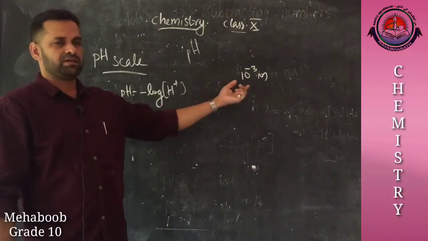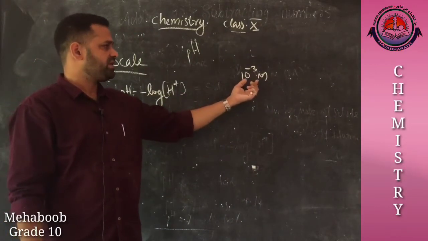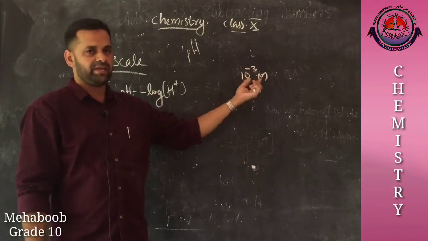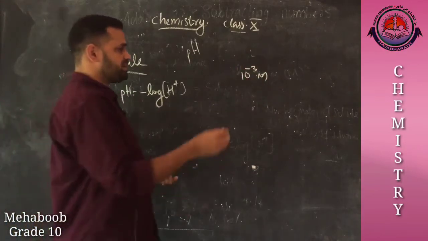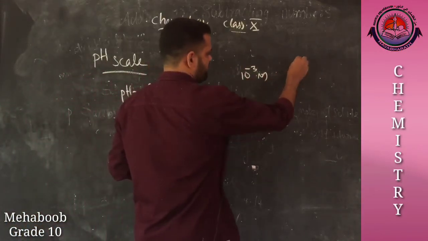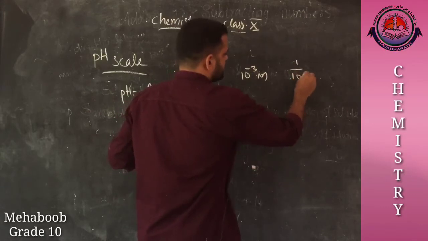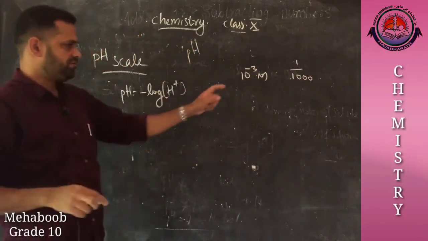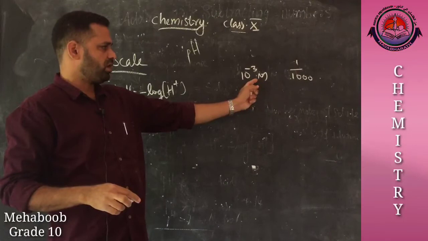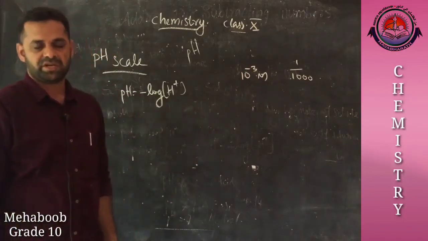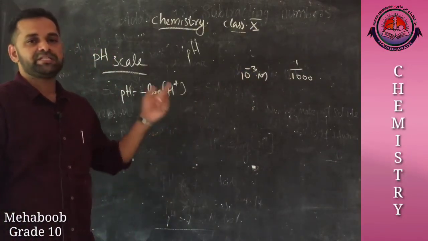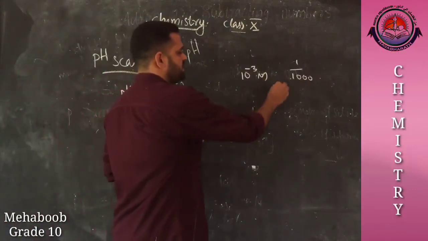What is 10 raised to minus 3? That is 1 by 1000. If its concentration is 10 raised to minus 3 molar, then find out its pH value.